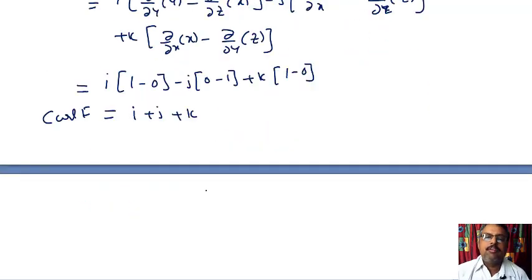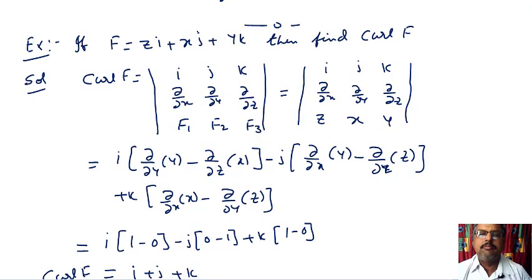So what is our observation? Very simple procedure. If f equals zi plus xj plus yk, then find curl f. Curl f is nothing but the determinant of i, j, k, dou by dou x, dou by dou y, dou by dou z, f1, f2, f3. Now f1 is the coefficient of i, f2 is the coefficient of j, f3 is the coefficient of k: z, x, y.